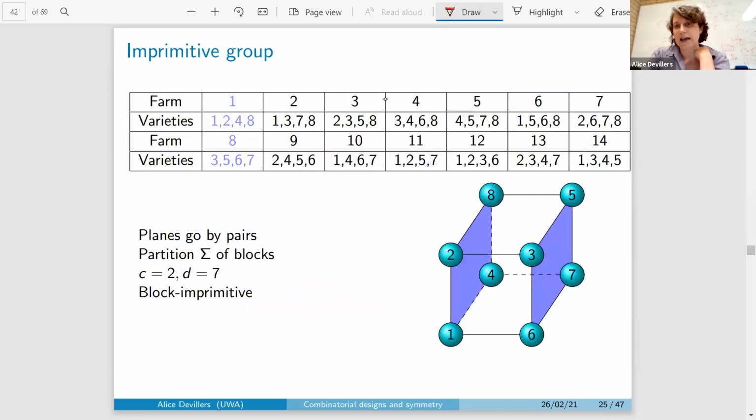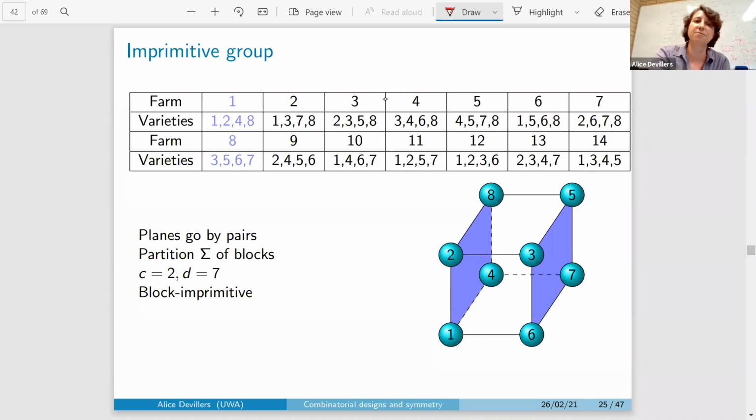So for instance, the example that I gave with the cube is block imprimitive. I can pair up the blocks 2 by 2, which this picture illustrates. These are disjoint blocks, and if I move one block, the other also goes to the disjoint one, so they stay in the same partition.